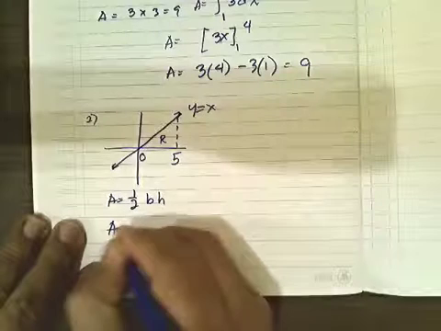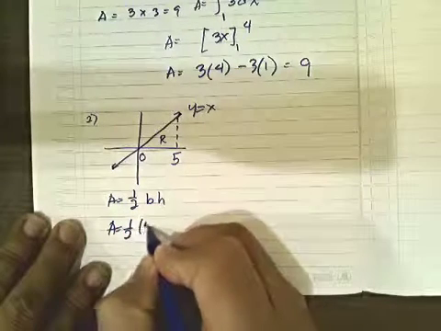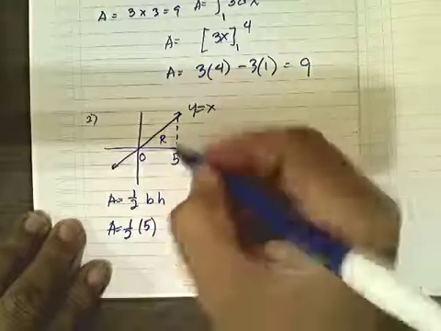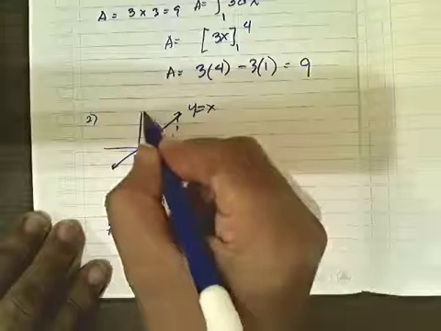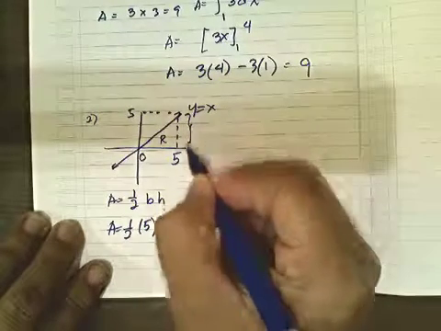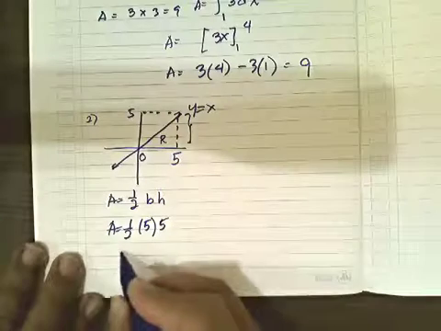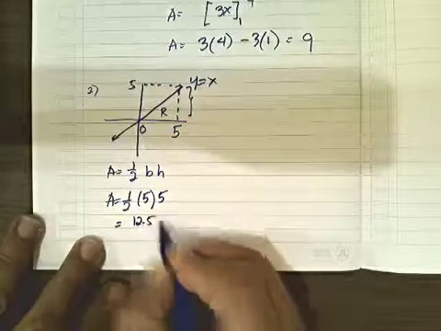But what is your base? Your base is 5. And if x is equal to 5, your y is equal to 5. So therefore the height is also equal to 5. So 5 times 5, 25 divided by 2 is 12.5.